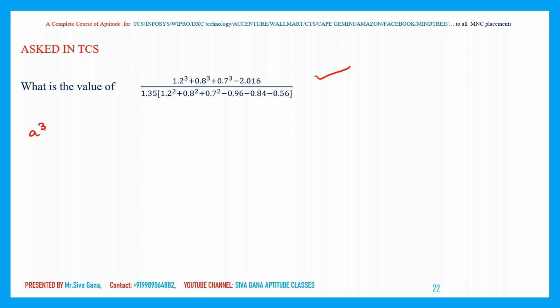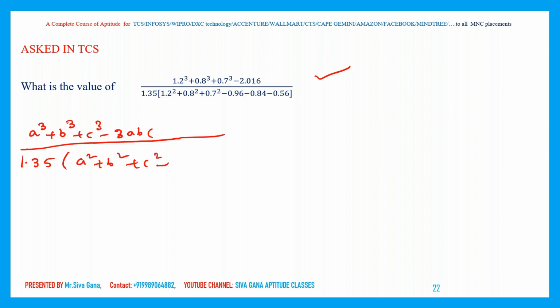Numerator is A cube plus B cube plus C cube minus 3ABC divided by 1.35 into A square plus B square plus C square minus AB minus BC minus CA. That is the form in the numerator.